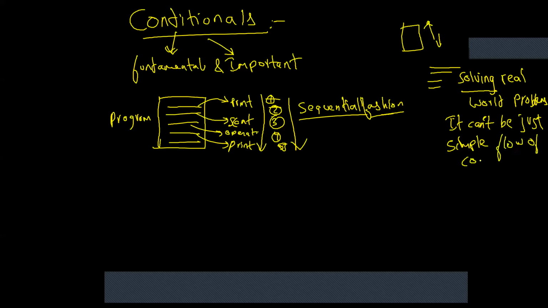Good. It's not that you ran 1 2 3 4 and you solved a problem. That's not how simple it is, right? At some time you will be taking some decisions in your real life.